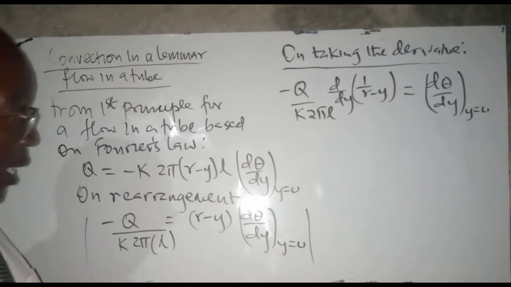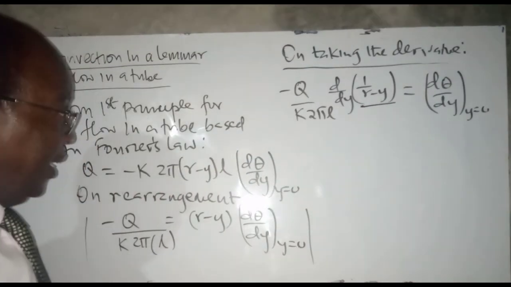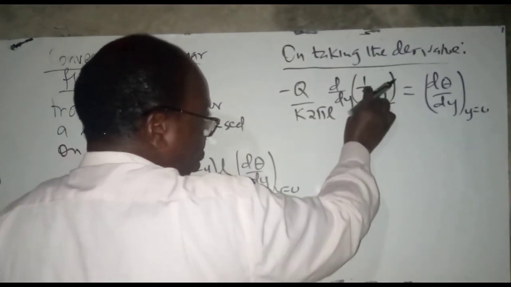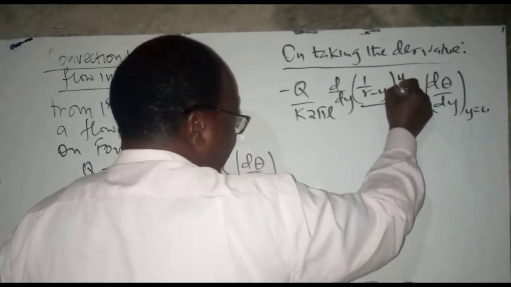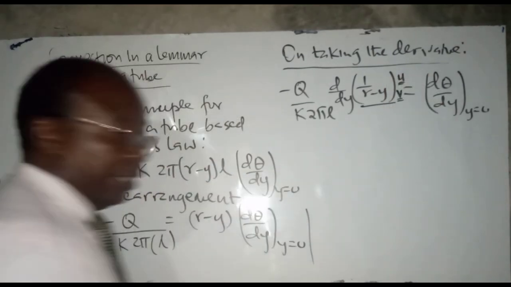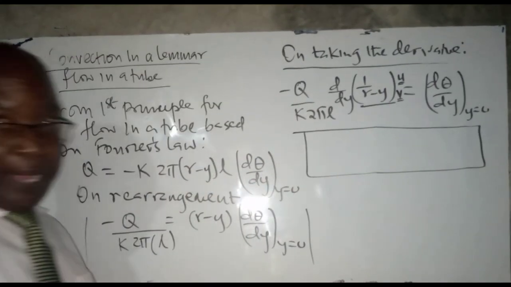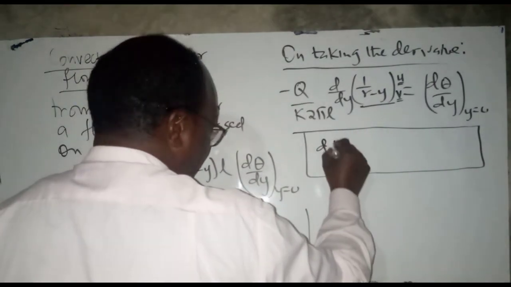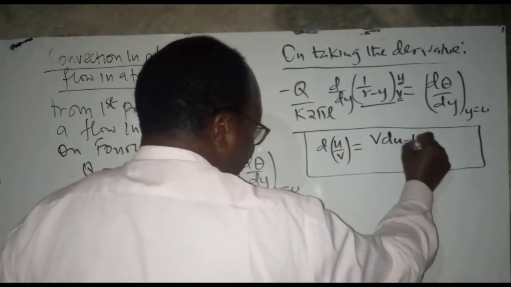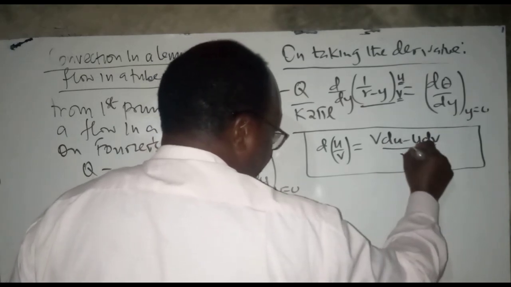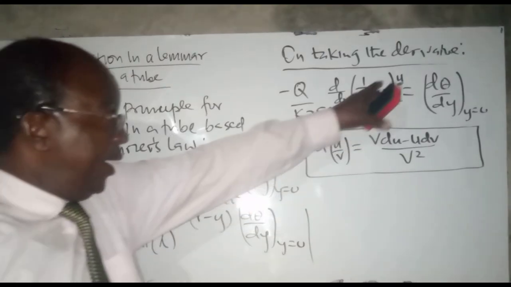Now, if you look at this expression here, if you want to differentiate it, this is a quotient. Let us call the numerator U and the denominator V. So we will use the identity in differential calculus, that is d of U over V is equal to (V du minus U dV) over V squared. That's the identity which we will use to solve this quotient.